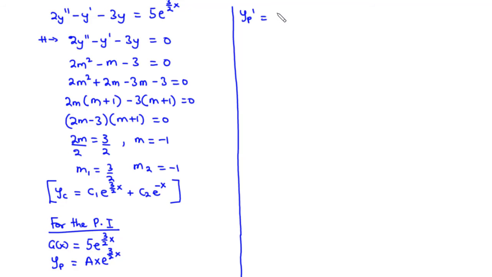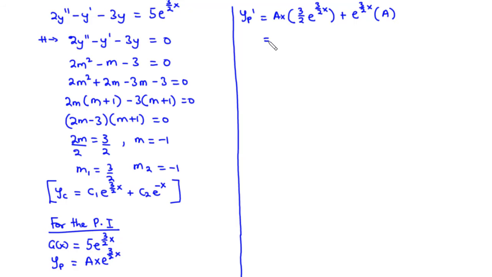So we have ax, and then we differentiate this part. When you differentiate 3 over 2x with respect to x, then you have 3 over 2, and then you have e to the power 3 over 2x plus, you select e to the power 3 over 2x, you differentiate ax with respect to x, and then you have a.